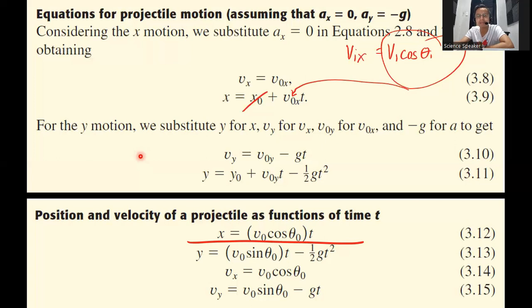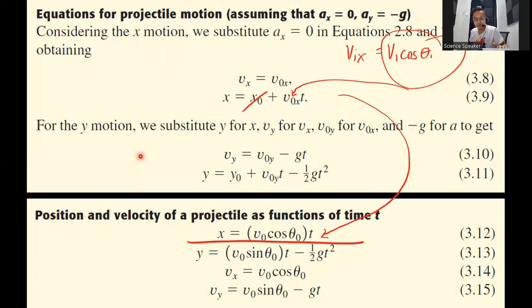But again, we're using different symbols, but they have the same meaning. Same concept. So you simply substitute. That is why if you substitute that in formula 3.9, it will now become formula 3.12. So they are actually the same formulas.